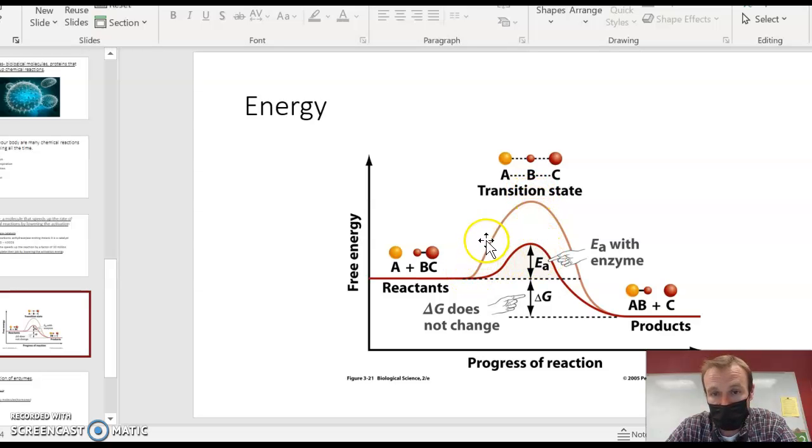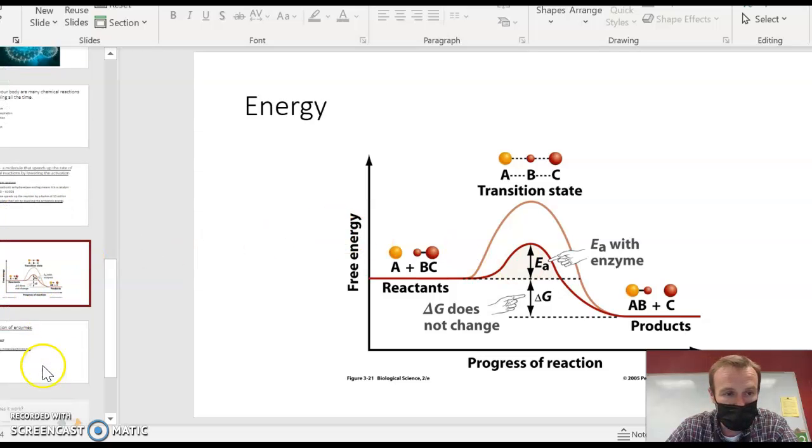And so without the enzyme, we have a lot of energy that we have to put into this to get the reaction to happen. With the enzyme, the activation energy is lowered, and so we call that enzyme a catalyst.